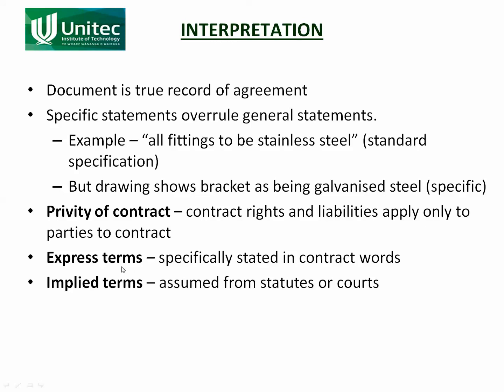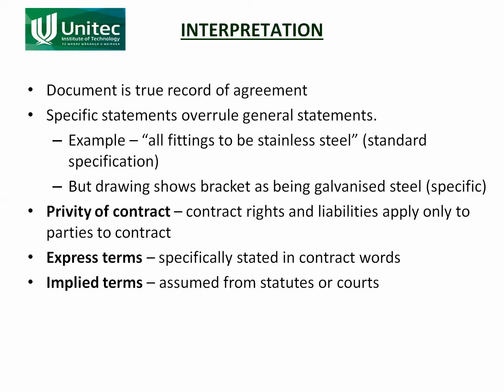An express term is something that is specifically stated in the contract words. The road shall be 4 meters wide is a specific statement. An implied term is assumed from statutes or courts. It is assumed that you shall take every measure to make sure people don't get killed on your site, because there's the Health and Safety and Employment Act that says you're responsible for the site of work and to make sure that people are safe.